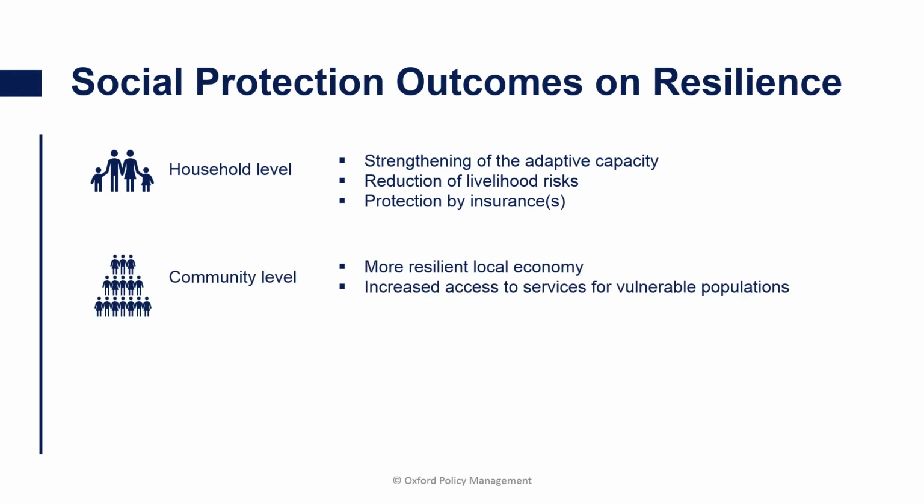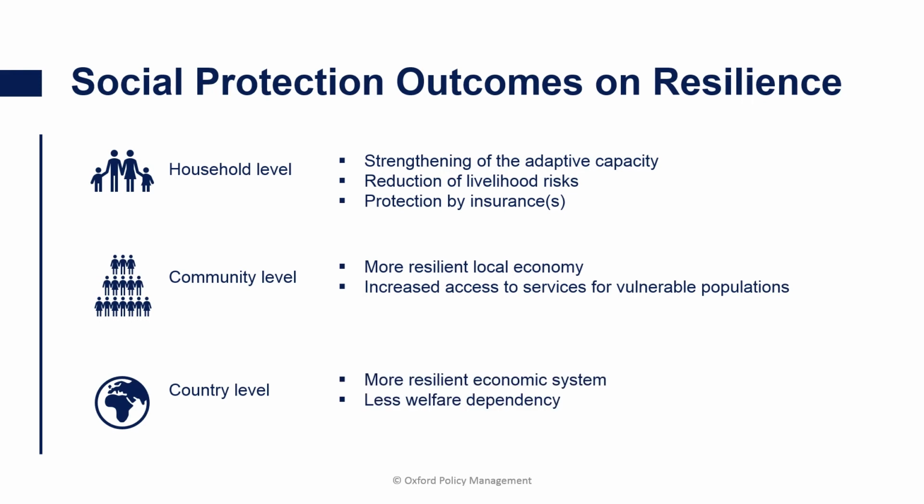The local economy is likely to be more resilient to covariant shocks when the lives and livelihoods of individuals and households are better protected and their income is better secured. In addition, social protection has the potential to lower the barriers in accessing social services for previously excluded populations by targeting them explicitly and, for instance, introducing quotas.